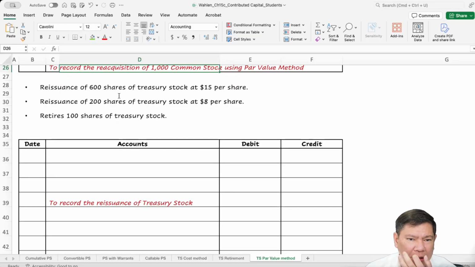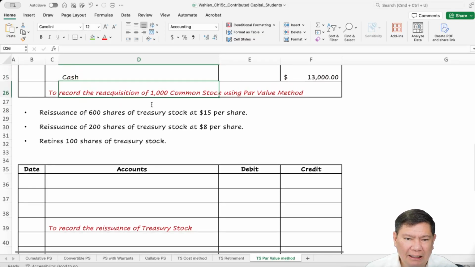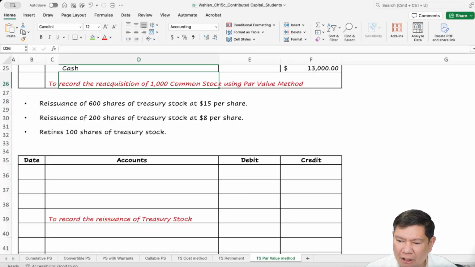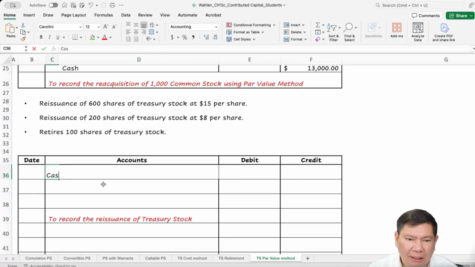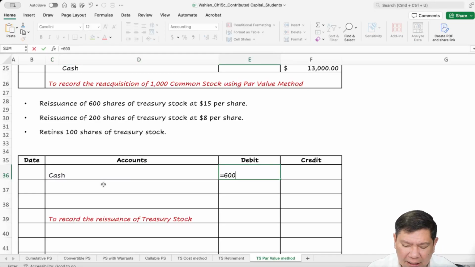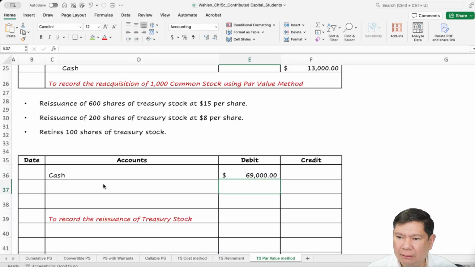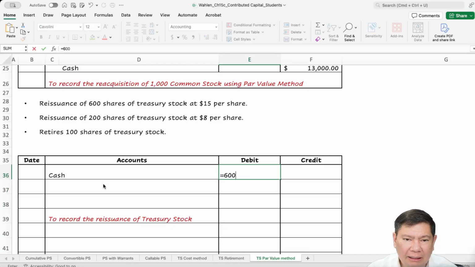Now, let's take a look at the next transaction. The company sold 600 shares of the treasury stock at $15 per share. So that's above the $13 that we paid. So the company would get cash equal to 600 times $15, which is $9,000.